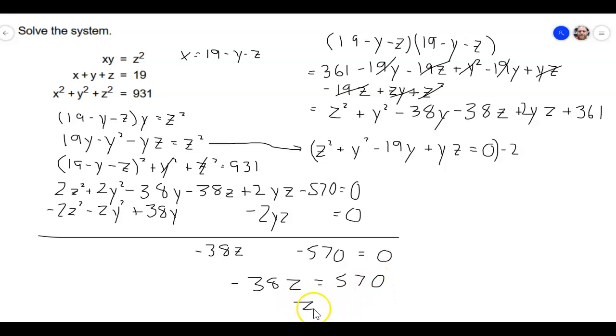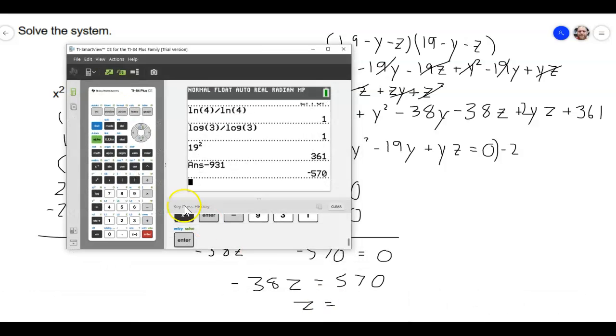So z is equal to 570 divided by negative 38. Hopefully that comes out to a decent number. 570 divided by negative 38.